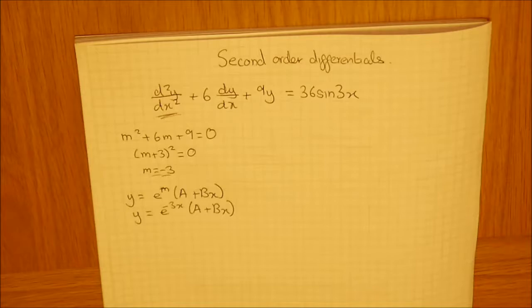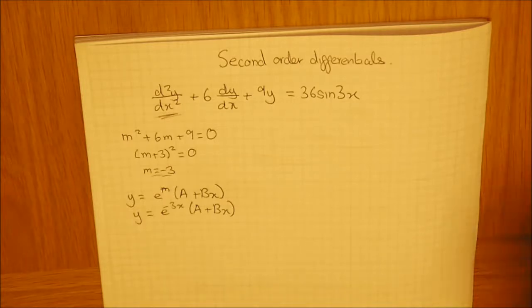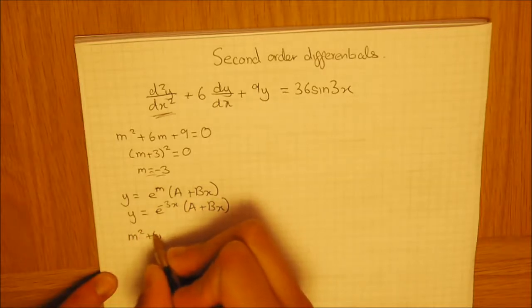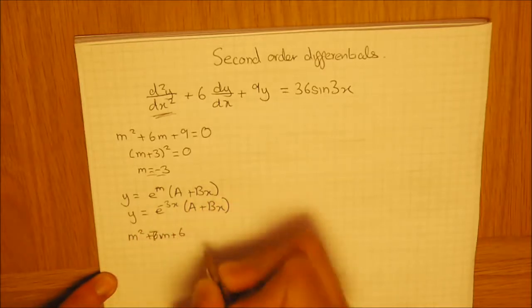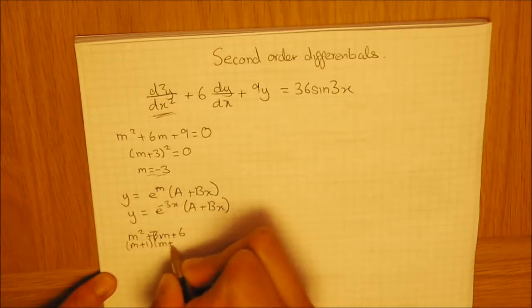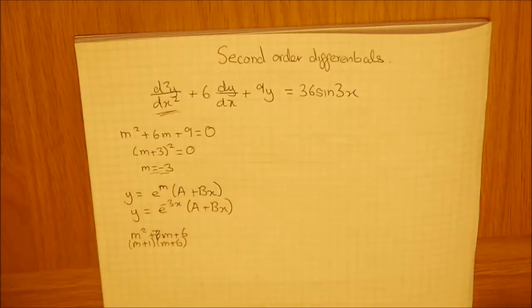If this question specifically was related to simple harmonic motion, and we got that from our pendulum, that would tell us that the pendulum is critically damped. If we had two distinct roots, say m squared plus 7m plus 6, then that factorises to m plus 1, m plus 6, and we'd have two distinct roots.